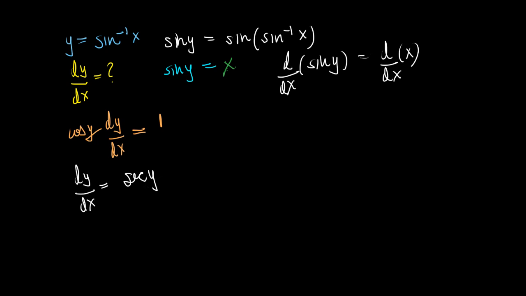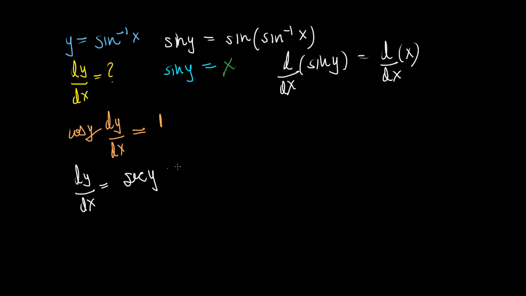That gives dy by dx in terms of y, but we need it in terms of x. How do we do this now? Well, we have this equation. So how can we generate secant y from sine of y?